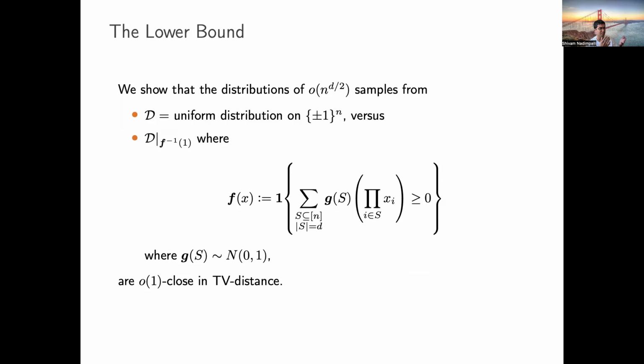These polynomials are well studied in the literature. They're called Gaussian random polynomials. We rely on essentially a pseudo-randomness type of property of these polynomials. And we also rely on a very recently proved bound on the variation distance between Gaussian distributions due to Devroye et al. in 2022, I believe.